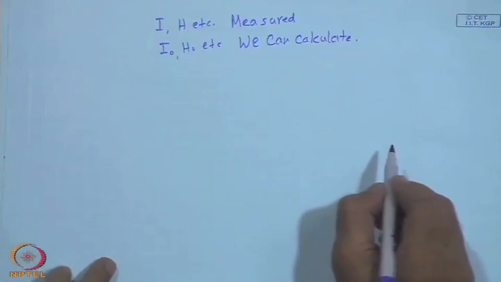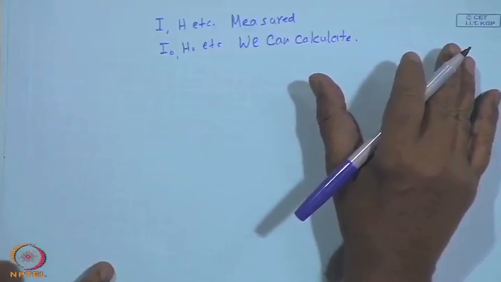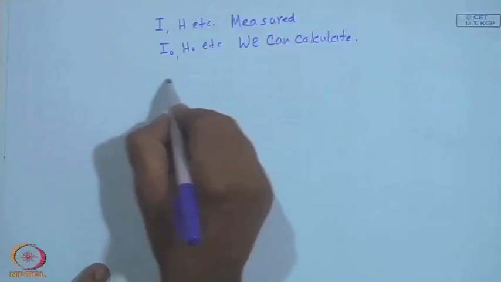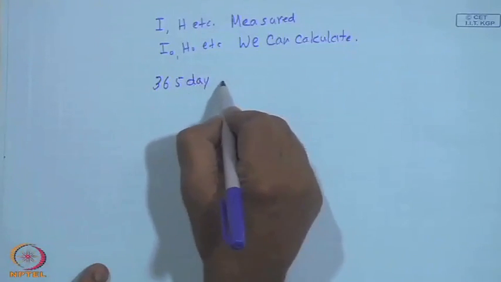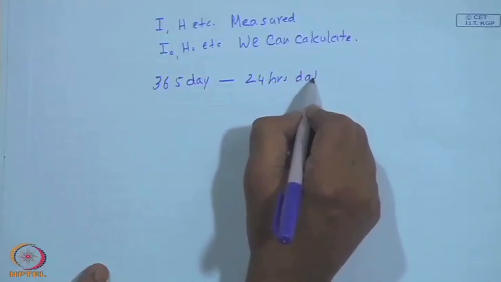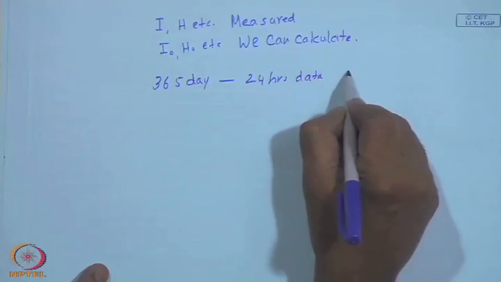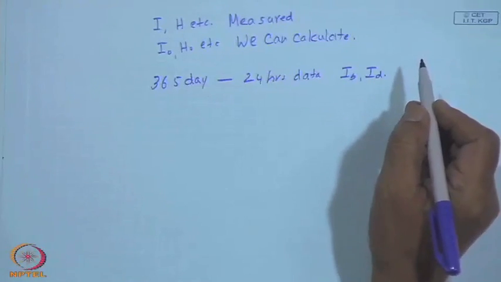Okay. Now, when we are trying to go for the design of a system, one obvious simplification we would like to have is, let us say I have got 365 days, 24 hours data split into, if necessary, Ib and Id.